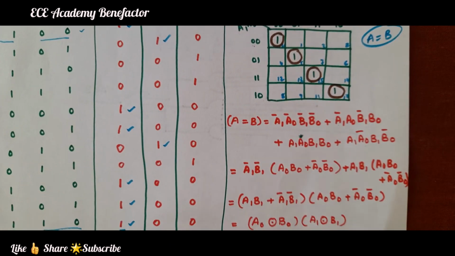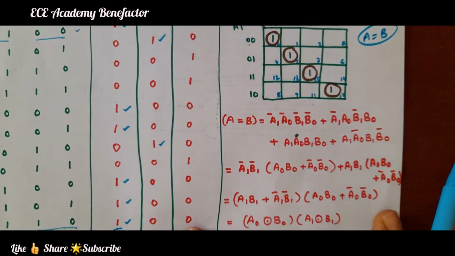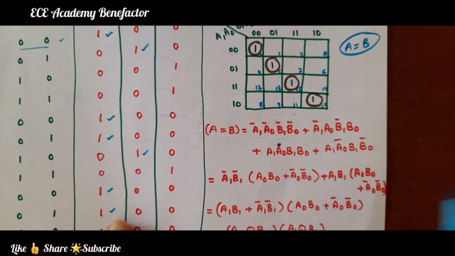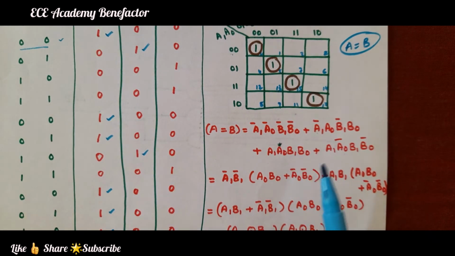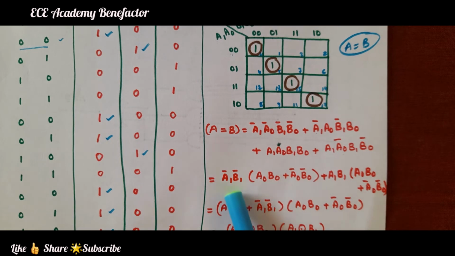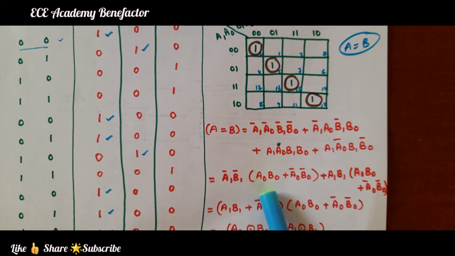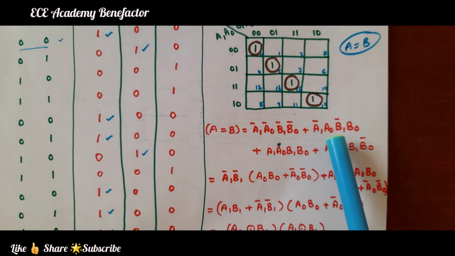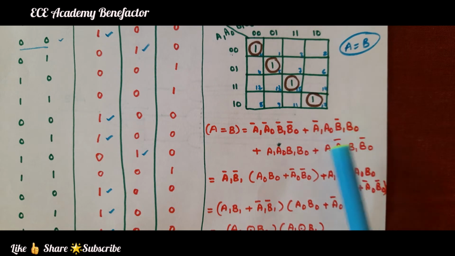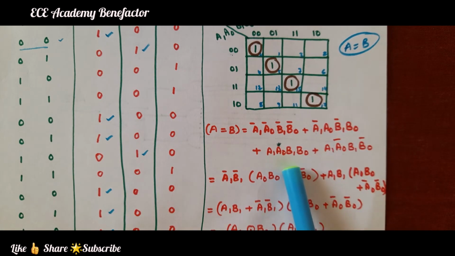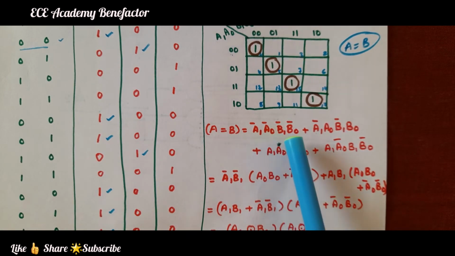Now let us simplify it to a smaller number of terms. Taking A1 bar B1 bar common, we get A0 B0 plus A0 bar B0 bar.